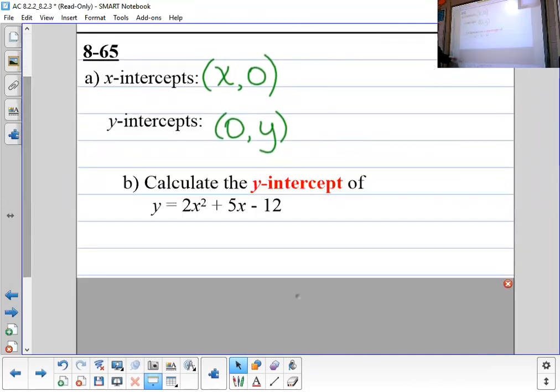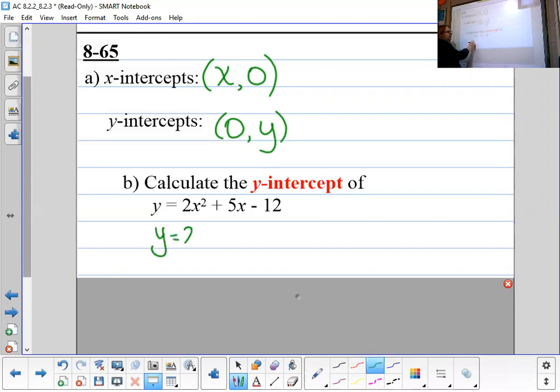Okay, so calculate the y-intercept of y equals 2x squared plus 5x minus 12. This is what you just did. I'm finding the y-intercept, so I'm going to put 0 in for x. So I have 2 times 0 squared plus 5 times 0 minus 12. That's 0 and 0 minus 12, so my y-intercept is negative 12.